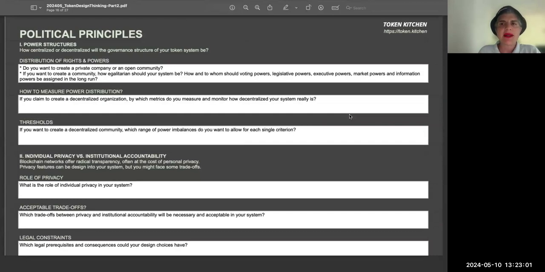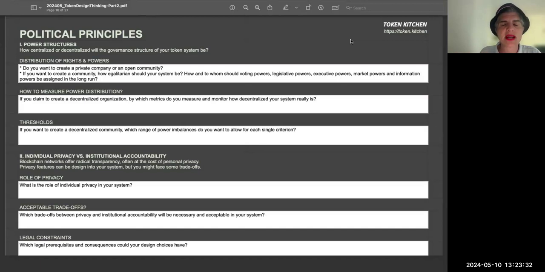The next one might seem a bit awkward to some people, but it's really important. It's what I call political principles. There might be more, depending on what you're building, and you might have other relevant political principles. But in Web3, as I mentioned very briefly last time, there are two important political trade-offs or topics.